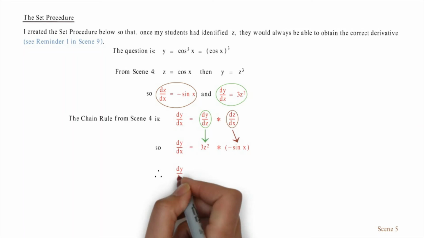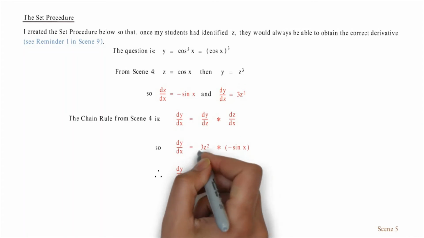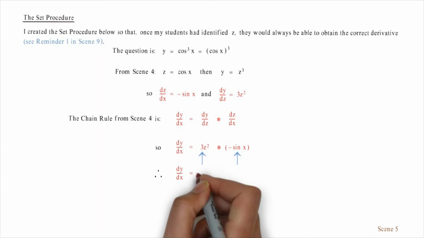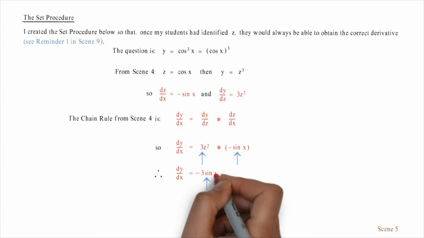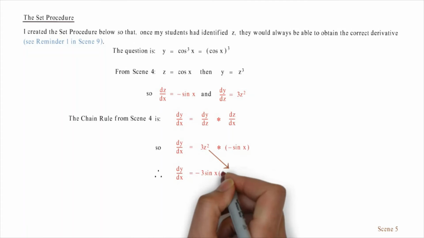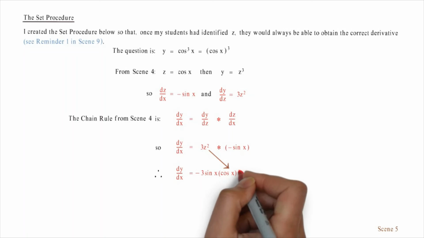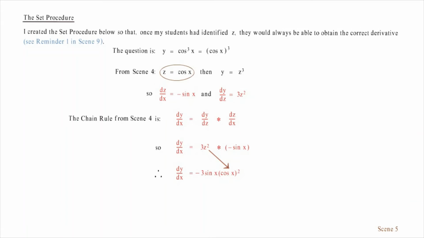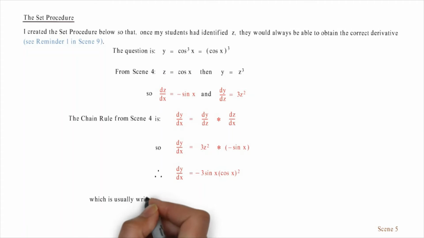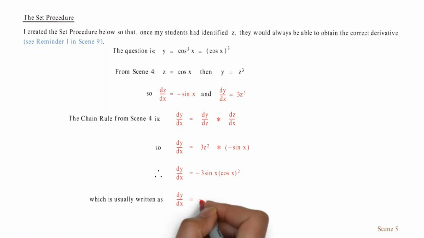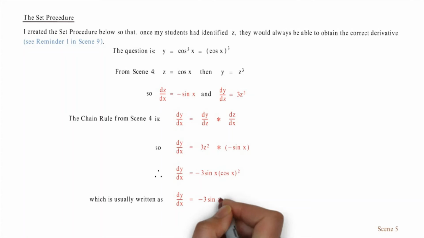Therefore, dy by dx equals 3 times minus sine of x, which is minus 3 sine of x, times, replace z squared with cos of x all squared, because z equals cos of x, which is usually written as dy by dx equals minus 3 sine of x cos squared x.